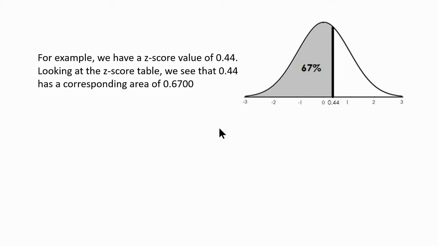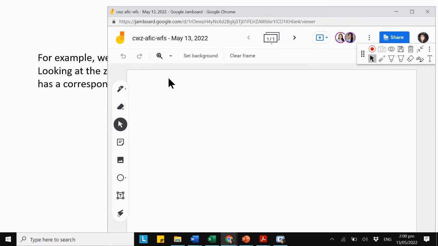Okay. So for example, yung dito nga nakikita ninyo yung value niya is 0.44 yung z-score niya. So let's try to have it on the Jamboard.